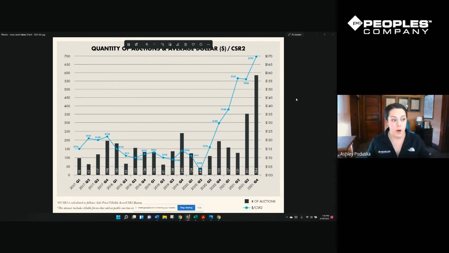In Q1 of 2021, there were 157 tracts selling with an average dollar per CSR2 of 138. We ended up Q4 2021 with 584 tracts selling in Iowa at public auction with an average dollar per CSR2 point of 170. That's crazy.